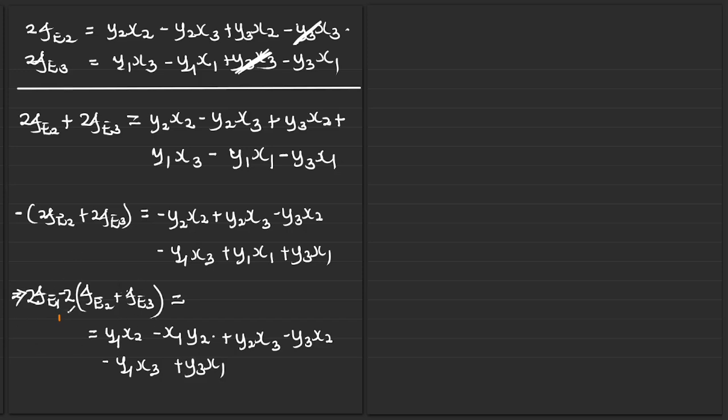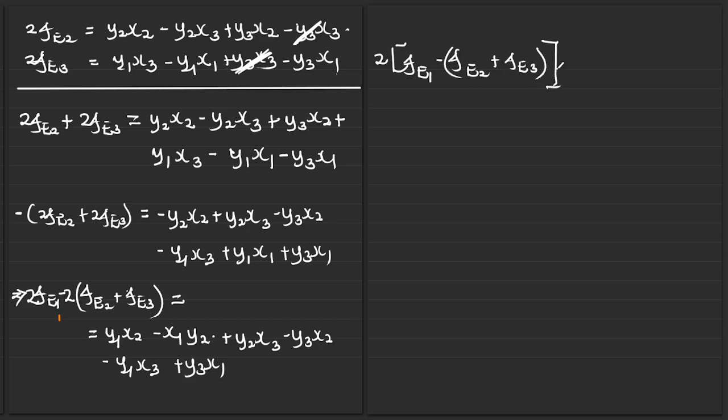Now evaluating all of this, since we have 2 with all these, we can factorize the 2 outside. Then we have in brackets a of E1, then minus a of E2 plus a of E3.